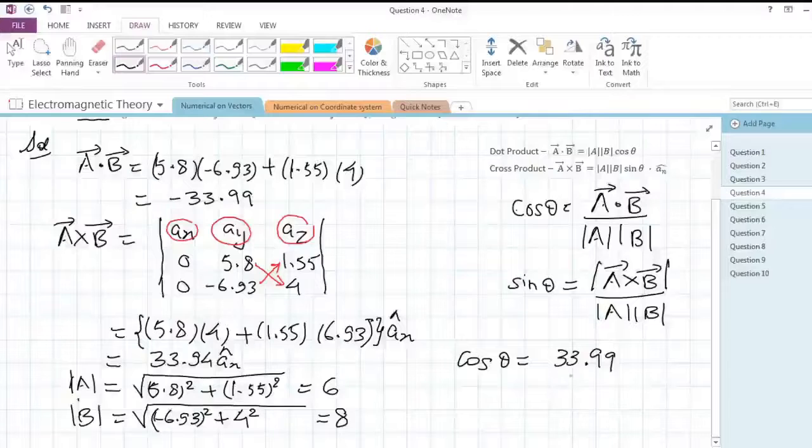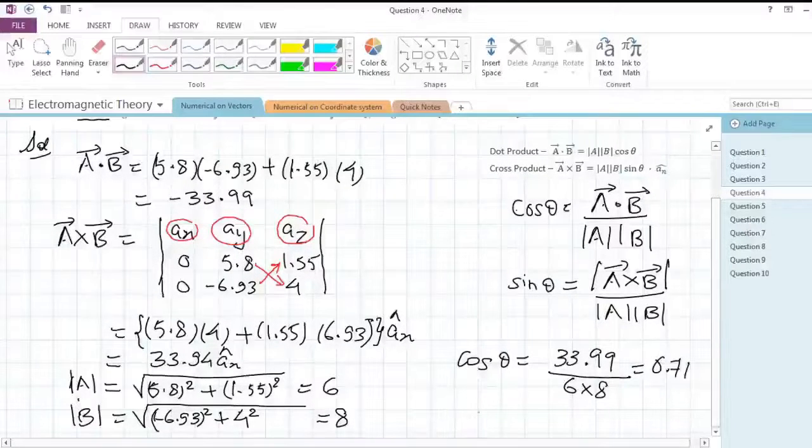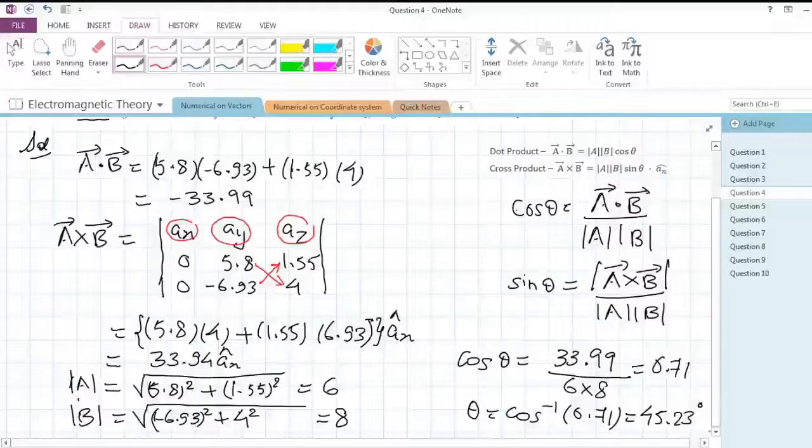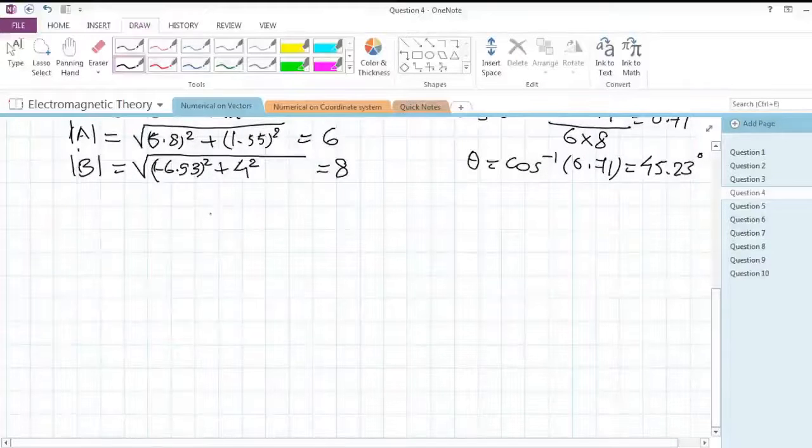And divide it by 6 cross 8, 6 into 8, and the answer would be 0.71. And to find the angle, we will have to do cos inverse of 0.71, and it would be 45.23 degrees.